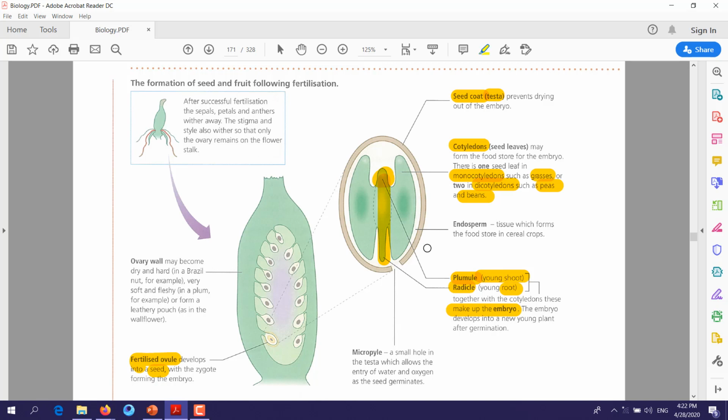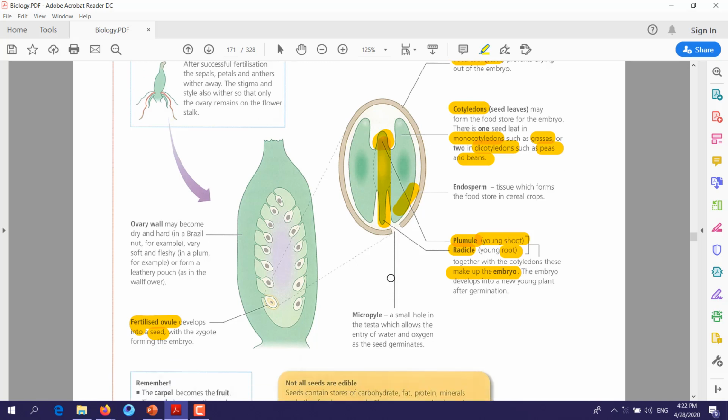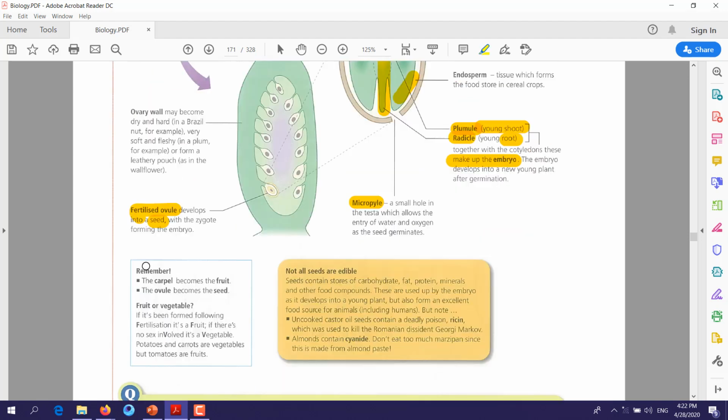Then, as you can see, the coat here has an opening. This opening we call the micropyle. Its function is to enable water and oxygen to enter the seed so they can go to the embryo.